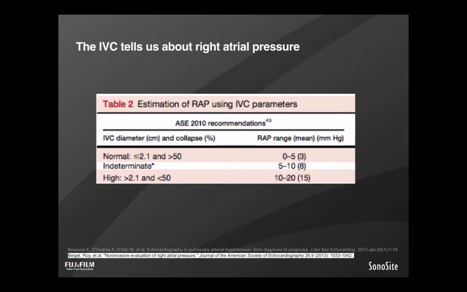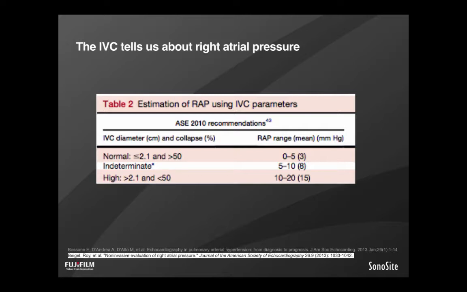Now, with regard to right atrial pressure, just a bit of review here: the right atrial pressure can be determined non-invasively. The American Society of Echo and most cardiology labs endorse the use of the parameters shown here, which is effectively a ballpark range of right atrial pressure based around IVC size and respiratory variation.